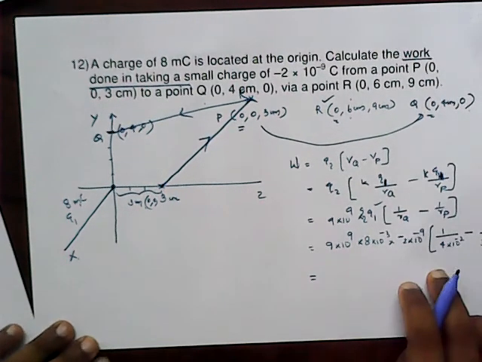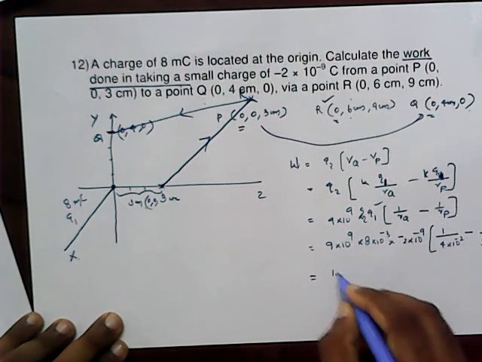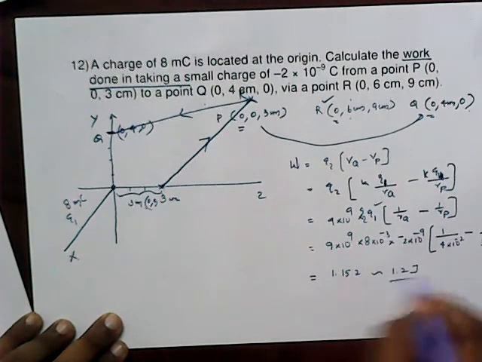Solving approximately, you get the value as 1.152, so roughly we can say 1.2 joule.